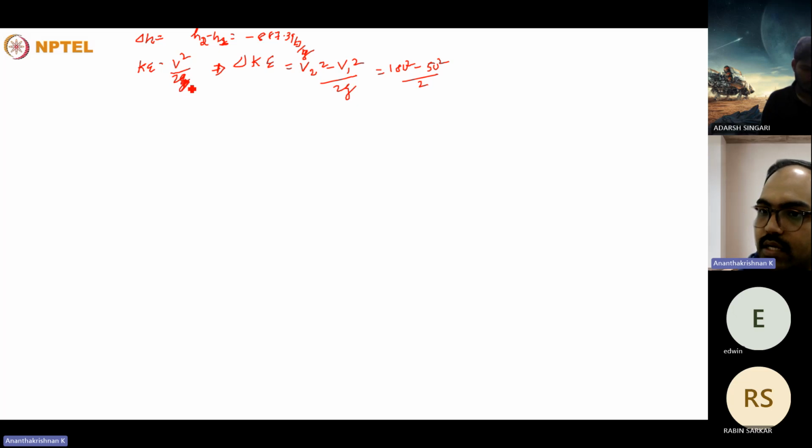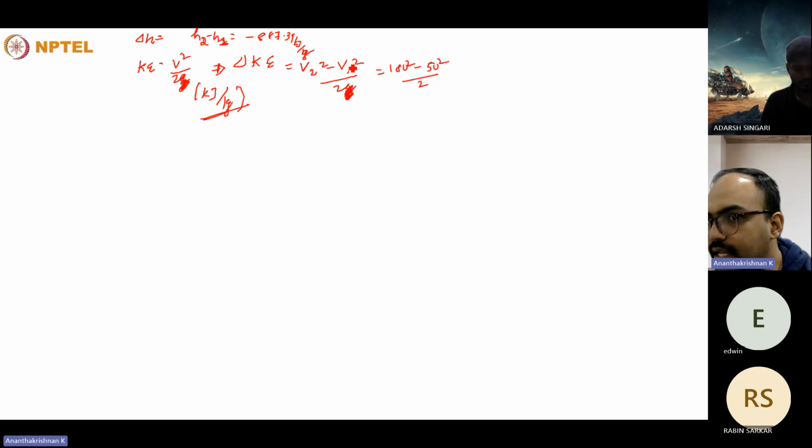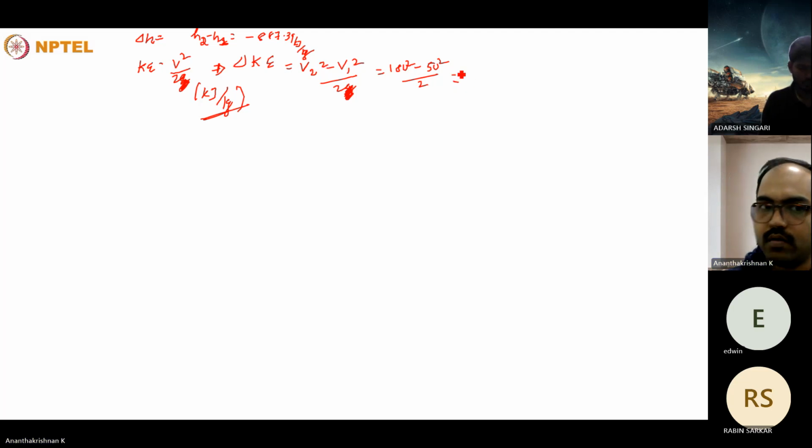Sorry, there is no G here. The unit I'm trying to write is kilojoule per kilogram. If I divide it by G, then you get it in terms of meters, the head associated with the kinetic energy. That will be 14.95 kilojoule per kilogram.